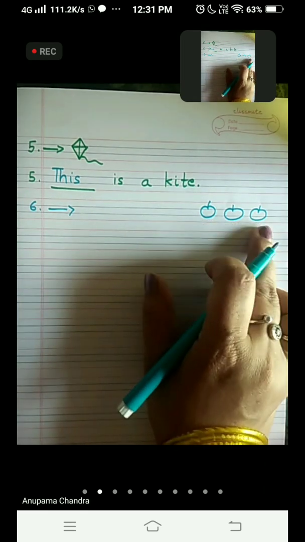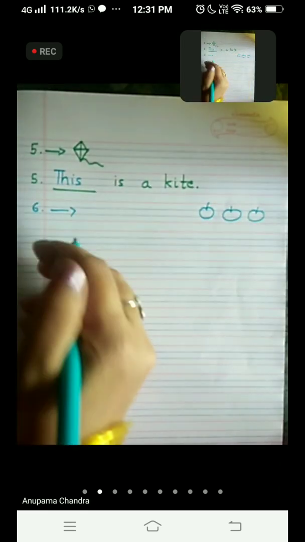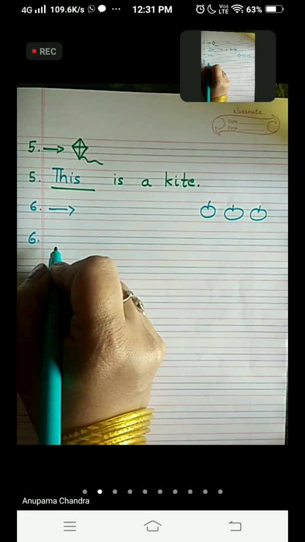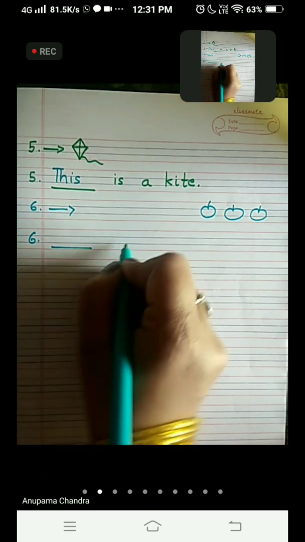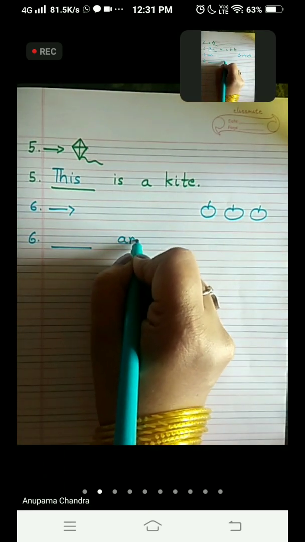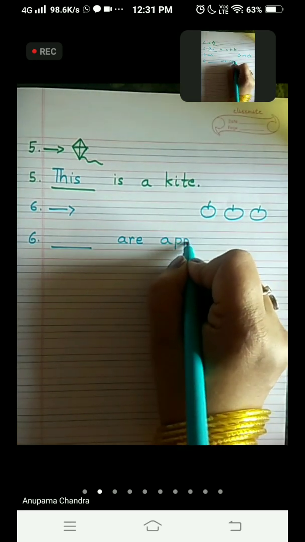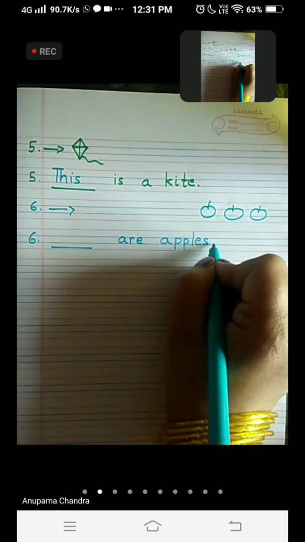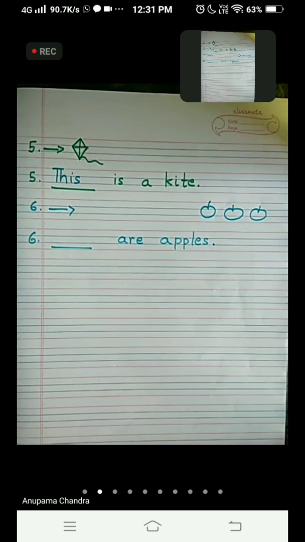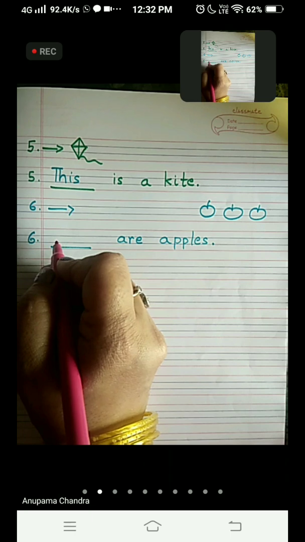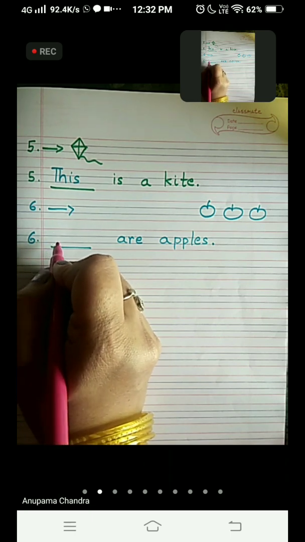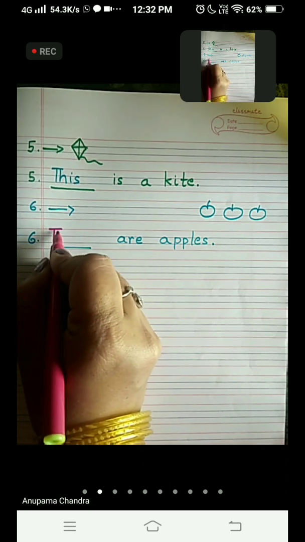So we have made 3 apples far away from the arrow and the question is, dash are apples. Full stop. And what is the answer? So children, we are going to write here those.